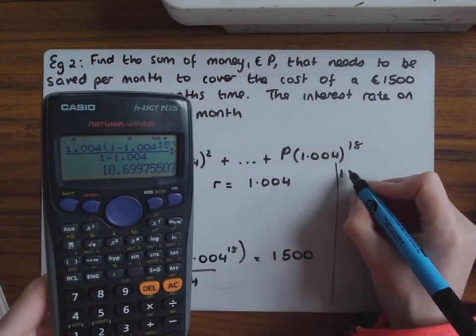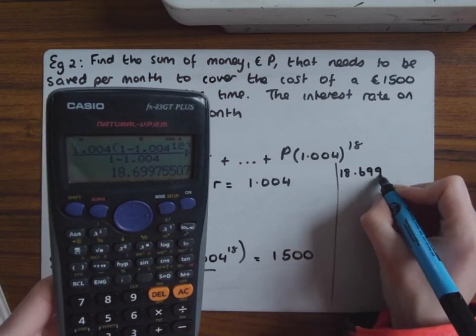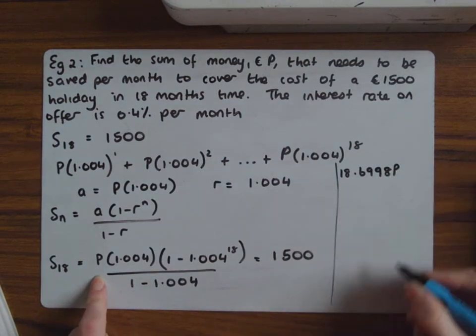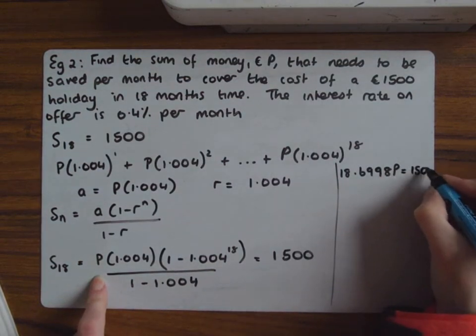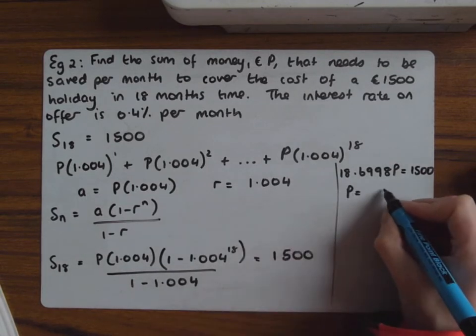So let's do that. 18.6998 P equals 1500. And then to get P on its own, you're going to divide.